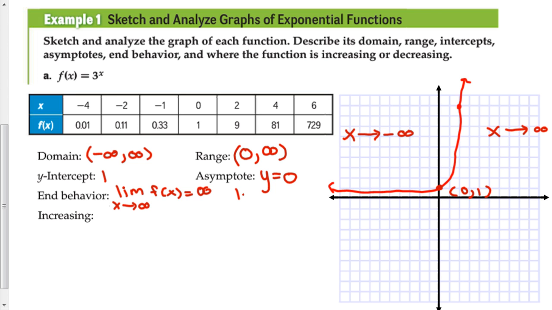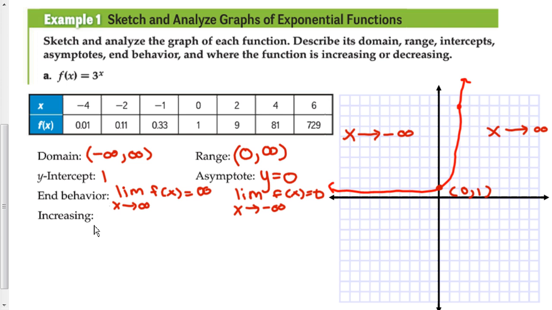On the left side, limit as x approaches negative infinity, my graph gets closer and closer but never touches 0. So that limit is 0 because it gets very close, but it never crosses.